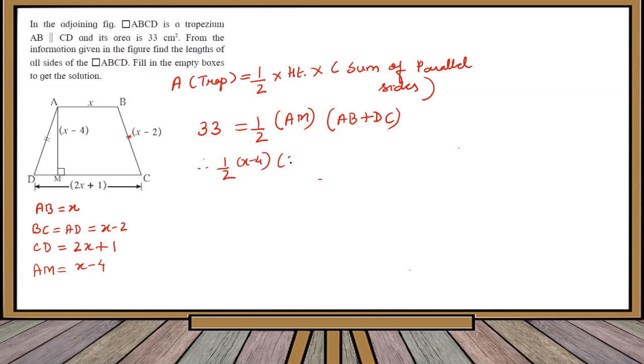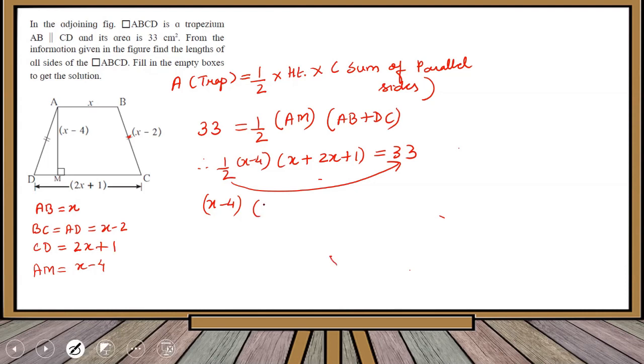AB is x, plus 2x plus 1, equal to 33. I'll take this 2 over here. So now this becomes x minus 4 into x plus 2x, which is 3x, plus 1, equal to 2 into 33, equal to 66.